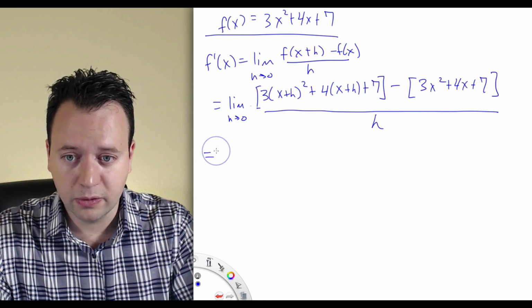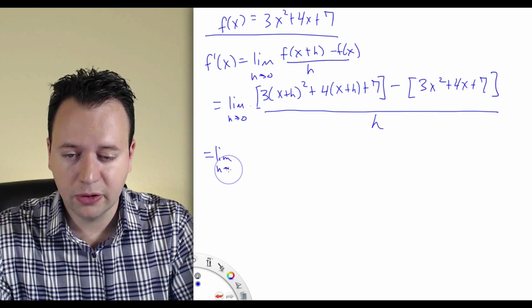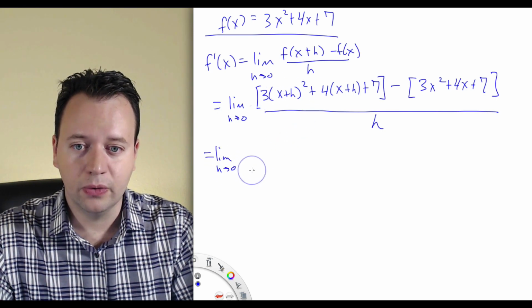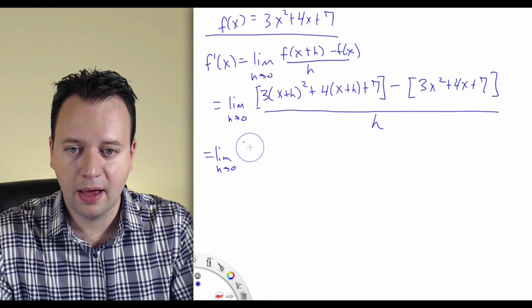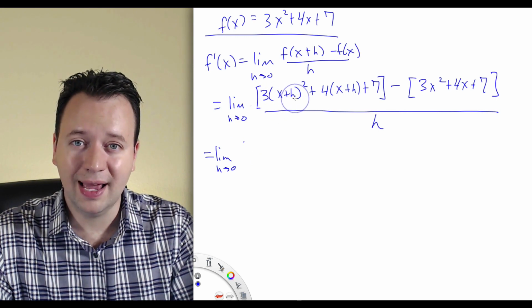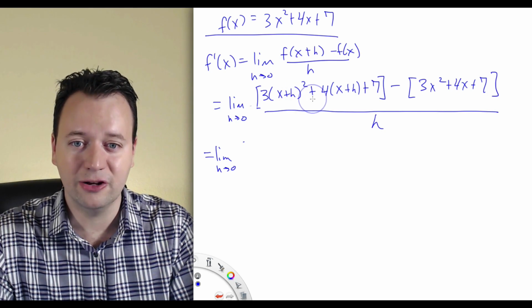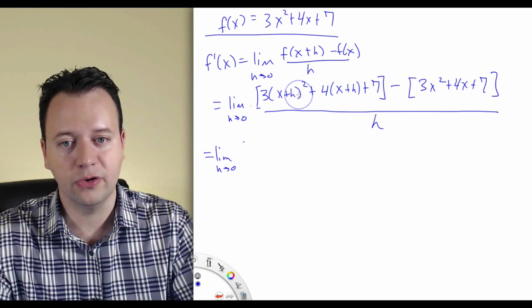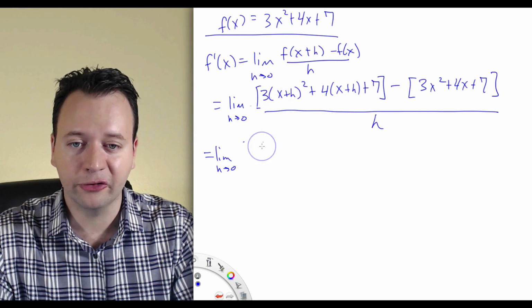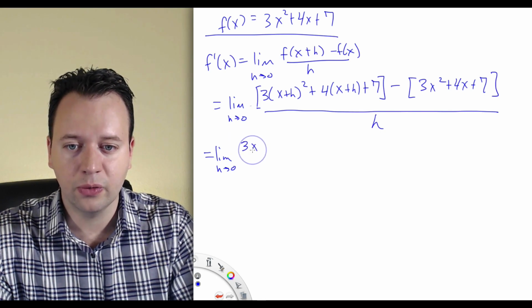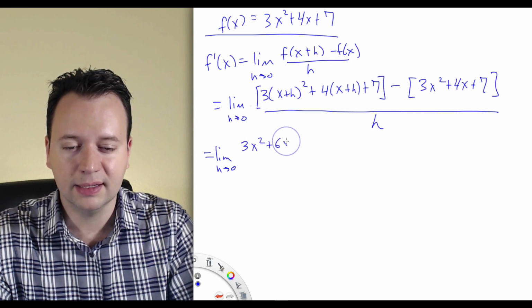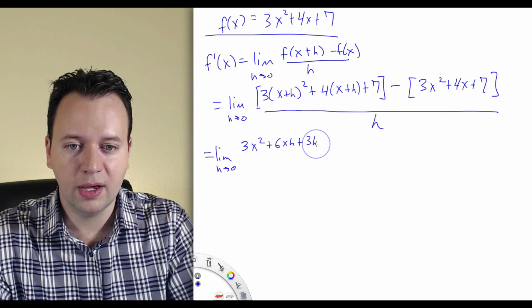So it's equal to the limit as h goes to 0. So now we have, so x plus h squared is x squared plus 2xh plus h squared. So you can FOIL that out if you want, if you don't know it. And then we multiply that all by 3, so we get 3x squared plus 6xh plus 3h squared.